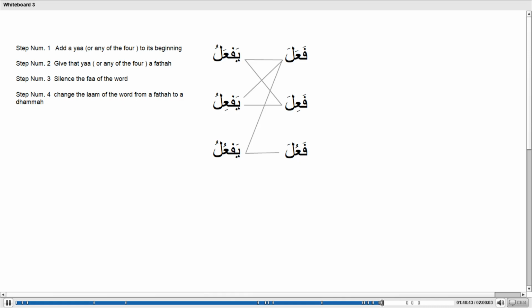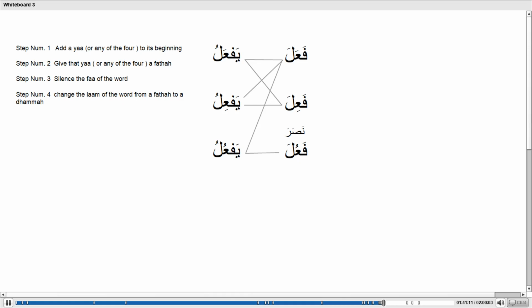Now we'll give you, as an example, nasara. Okay? Nasara. Now nasara is on the scale of what? Yani, nasara sounds like what? Does it sound like fa'ula? Huh? Can I put it under fa'ula?